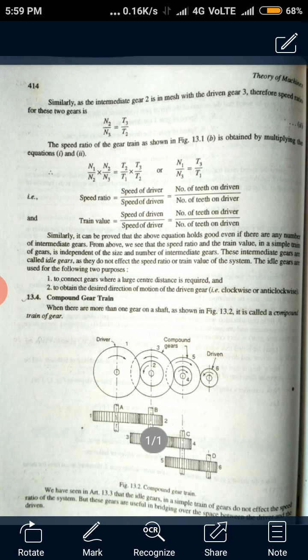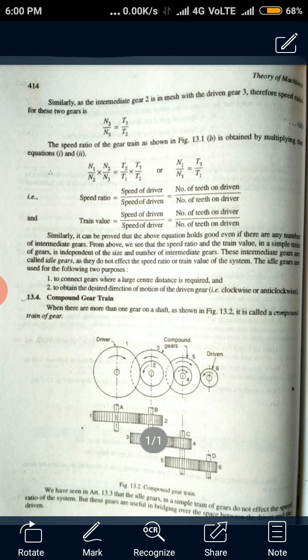So what is a compound gear train? In a compound gear train, if we have more than one gear mounted on the shaft, that is called a compound gear train. So now for this given sketch, we need to find the speed ratio as we did for a simple gear train. Now you see here, driver 1 meshes with gear 2, and gear 2 is on shaft B, and shaft B also has gear 3.